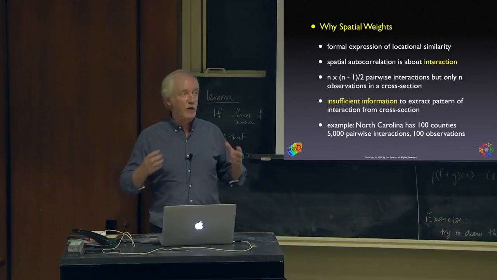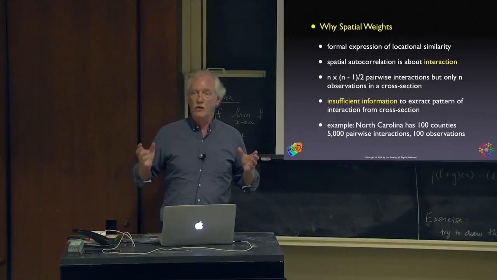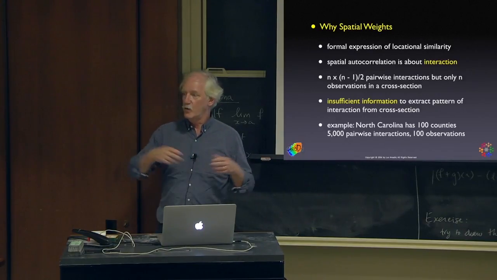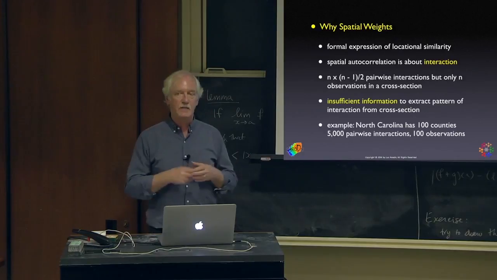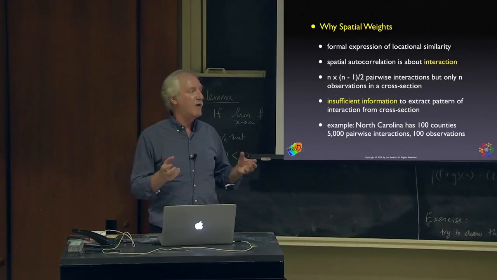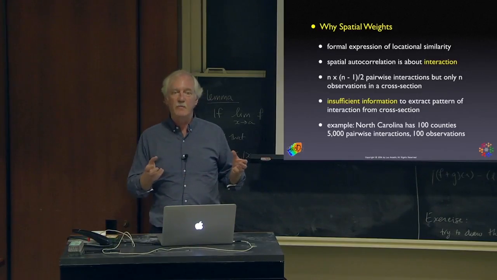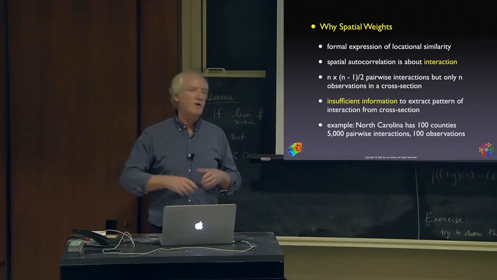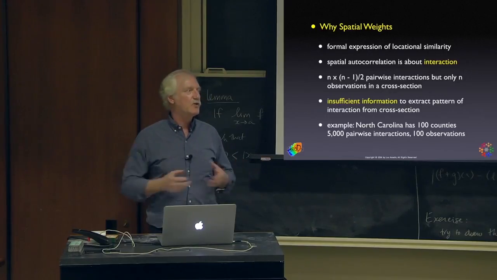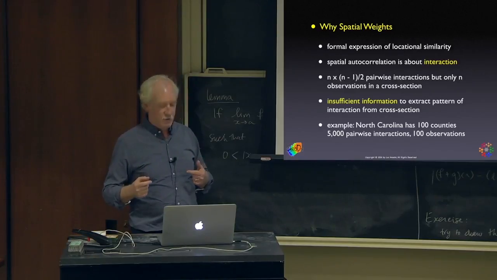So the usual trick in statistics and econometrics is to go to the limit, to go to the asymptote. It's called asymptotic reasoning. And what that boils down to is making n very large. But you can't win this game, because as n becomes larger, n squared becomes even larger, right? So you don't gain by having a larger data set. In fact, it gets worse, right?